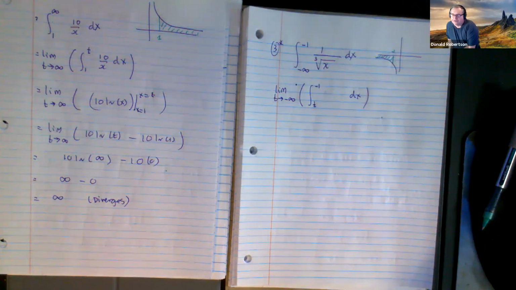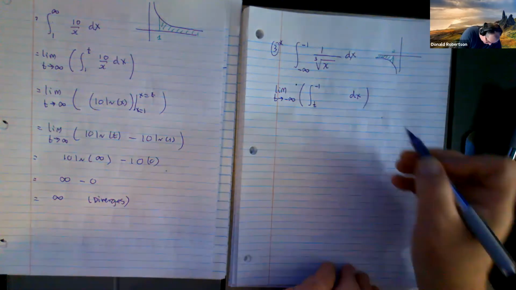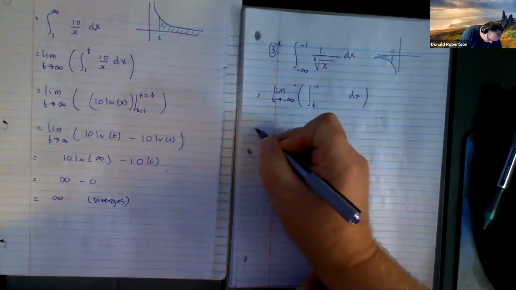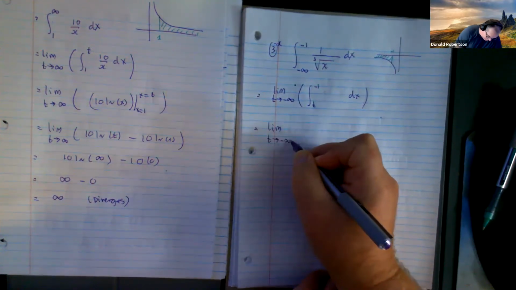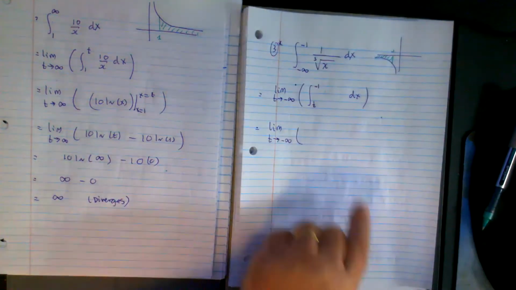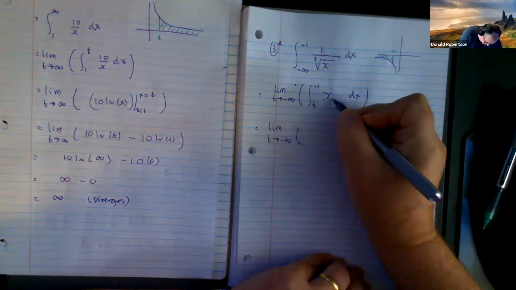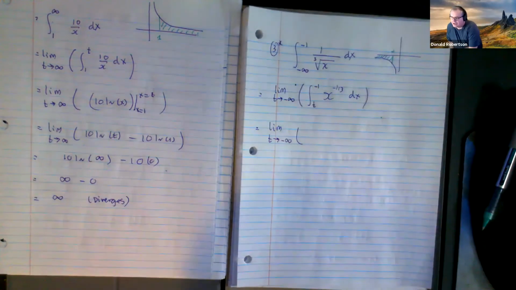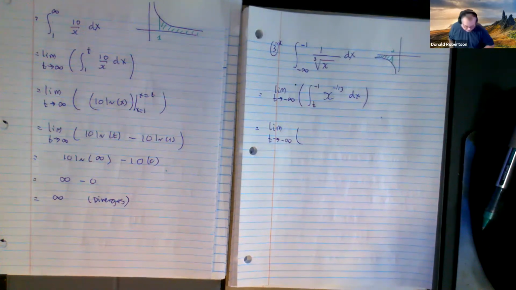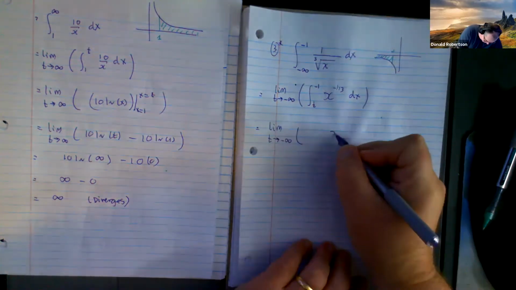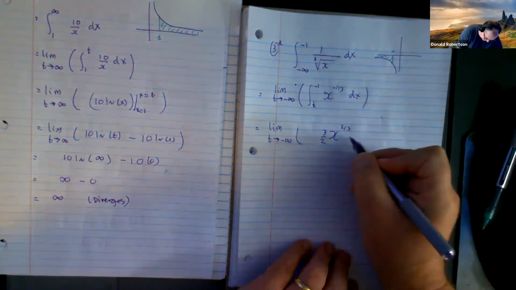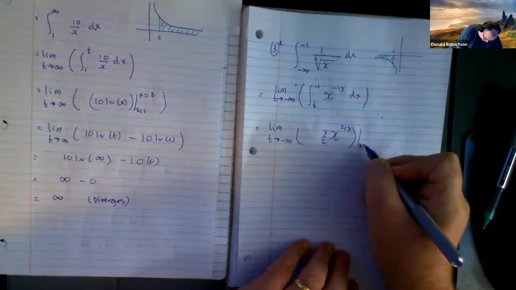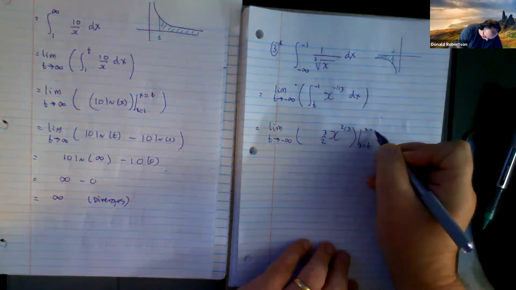It's x to the power of -1/3. You agree? Square roots get you -1/2, things like that. Now, add 1 to the power and divide by the new power. And then evaluate at x equals t and x equals -1.